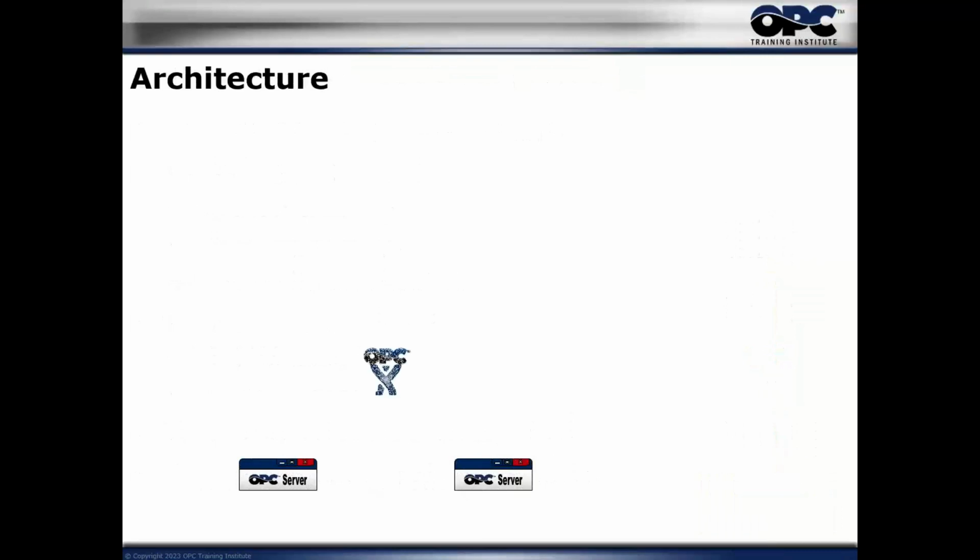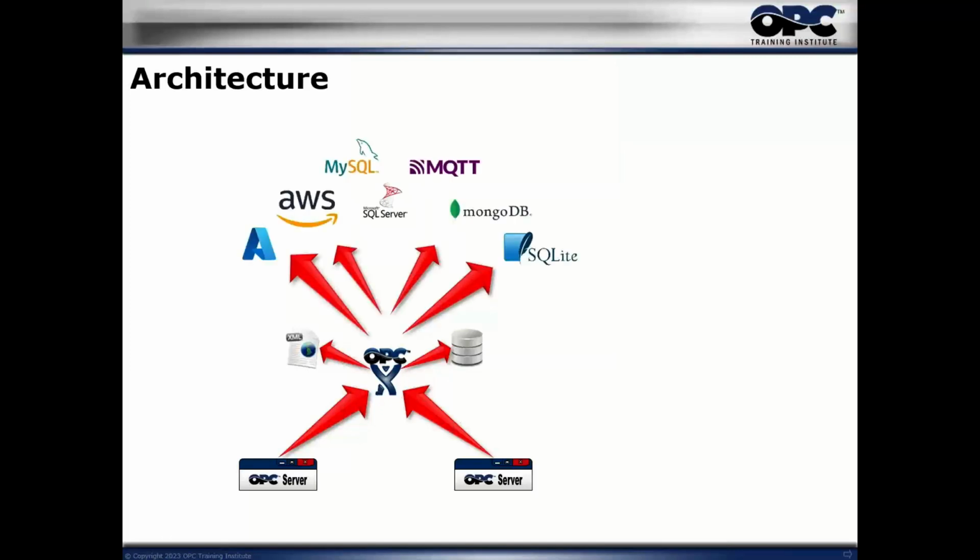Now, the architecture, here's what it looks like. We get the OPC servers. We send those to the middleware, to OPC Expert. That then sends the data locally to be stored. So there's a local buffer. And from there, you can send it out to any data destination.